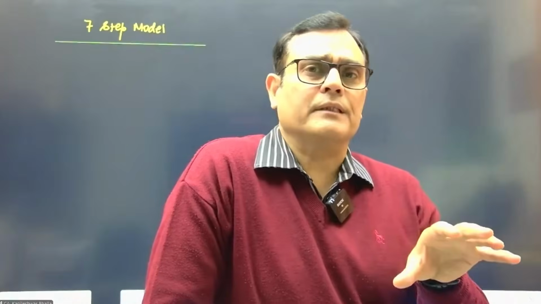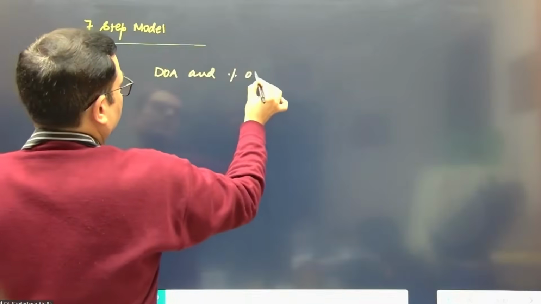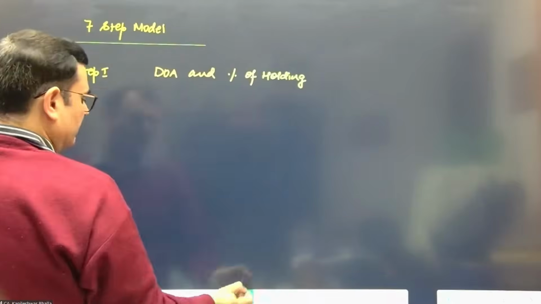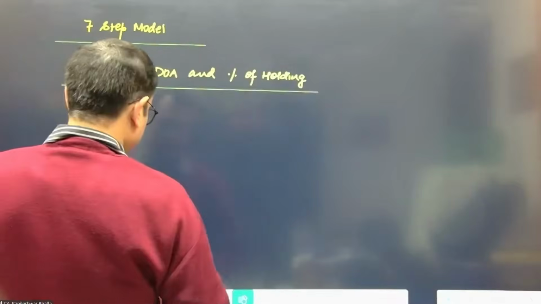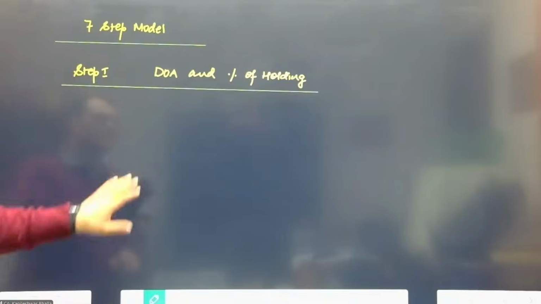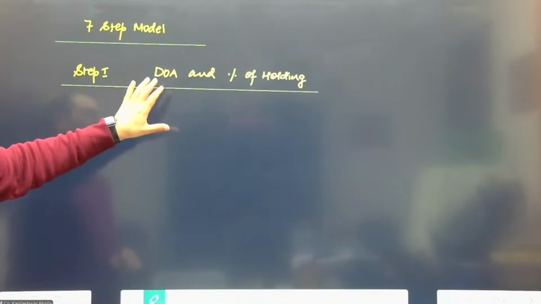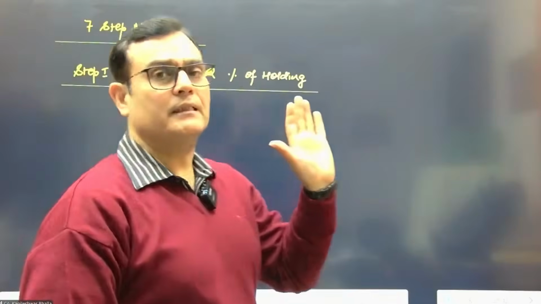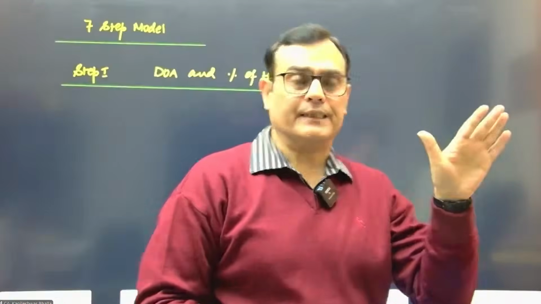I don't see any technicality involved in identifying this data. The date of acquisition will help you decide what is pre and post, and the percentage of holding will decide the percentage of the NCI.